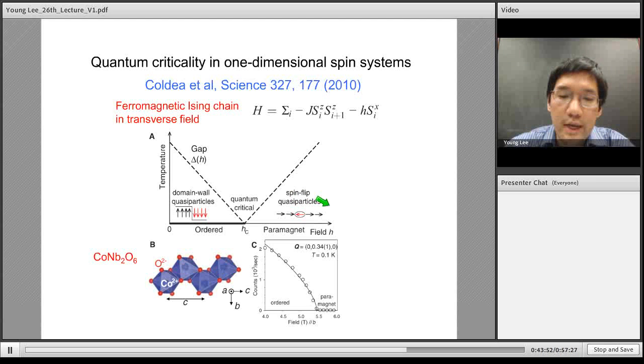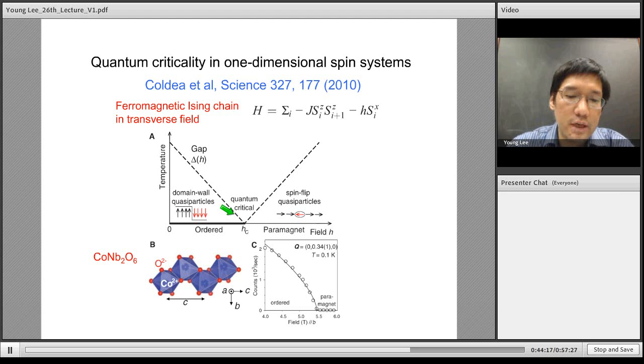And then in this case, you can picture your excitations as single quasi-particles that flip from the field direction to the opposite direction. And in between these two states, this will be an ordered state, this will not be an ordered state. You have this quantum critical point at some critical field.